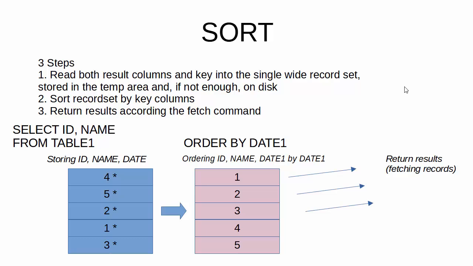Firebird unites the data which should be returned into the united record set, and after that the second step is actually to order it, and then it starts to return these sorted results to the user, the original invoker of the SQL query with sorting.